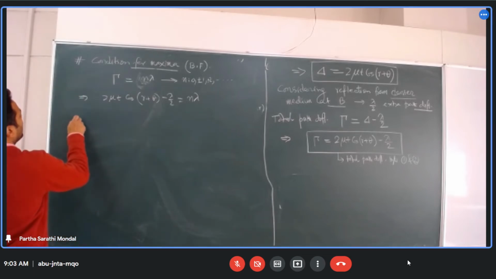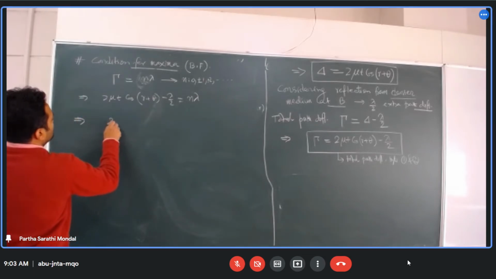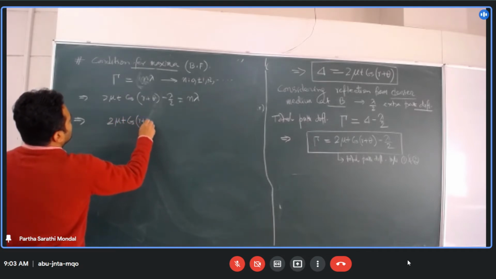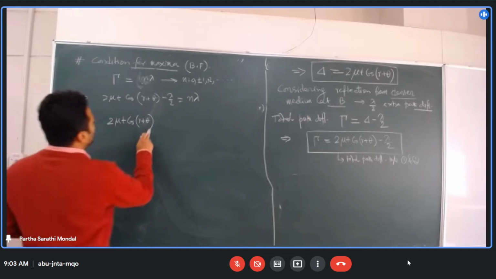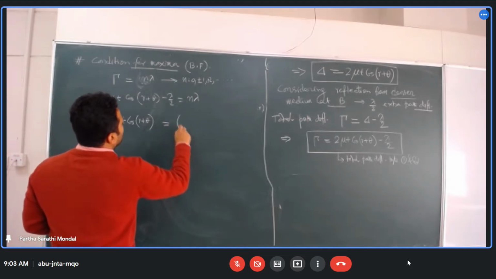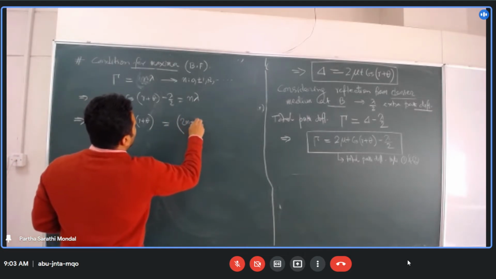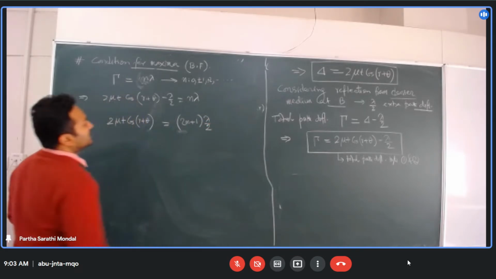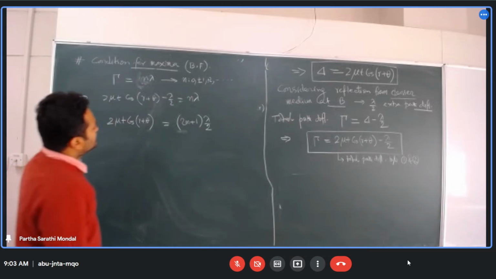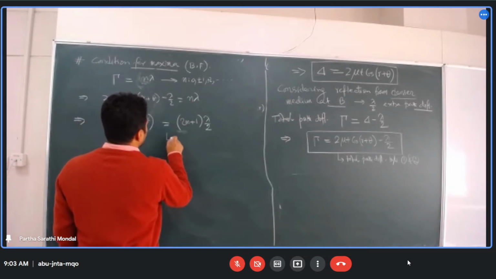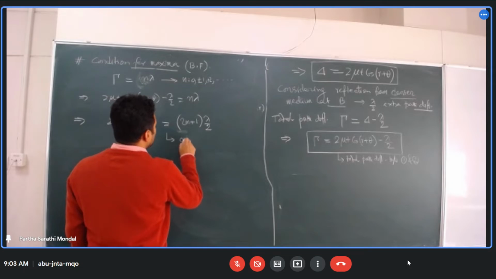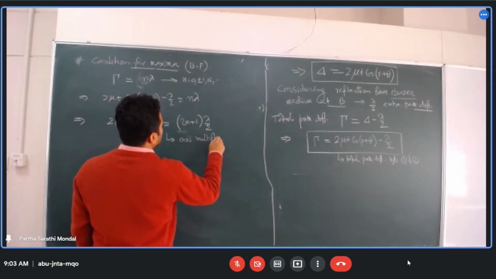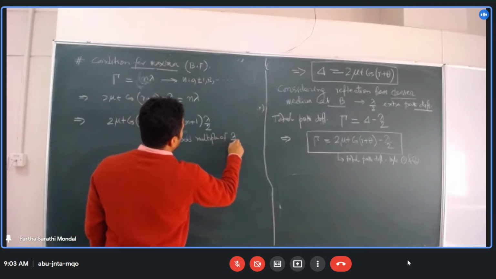Now if I calculate, 2 mu t cos(r plus theta) equals, when this goes to the other side, it will become (2n plus 1) into lambda by 2. So that means it is an odd multiple of lambda by 2.